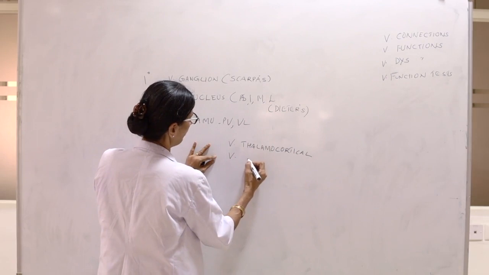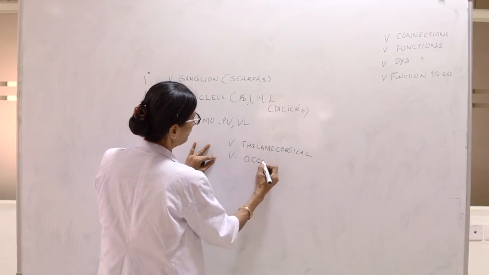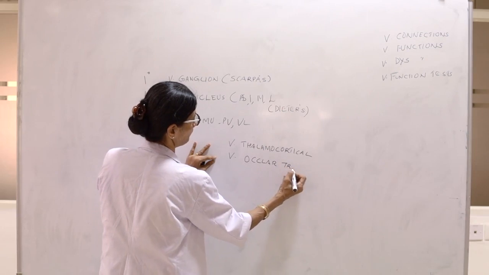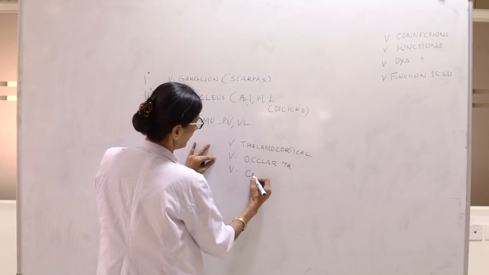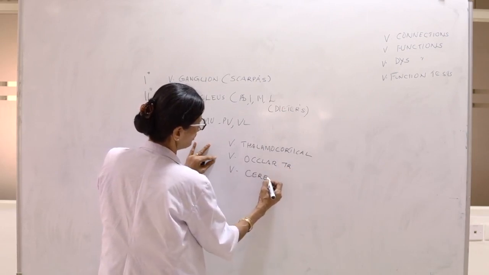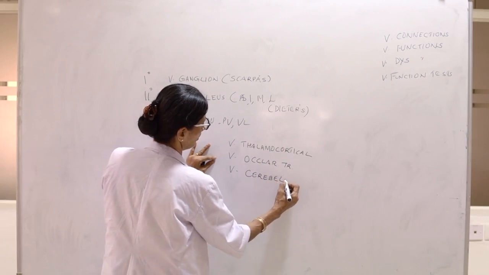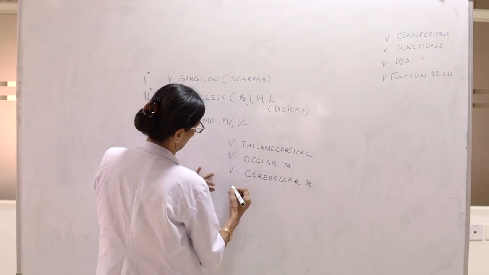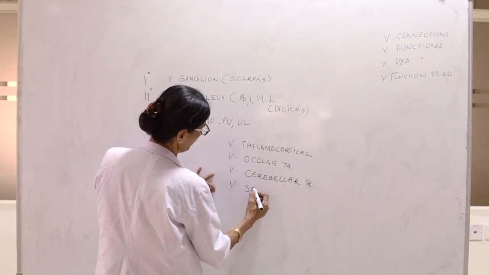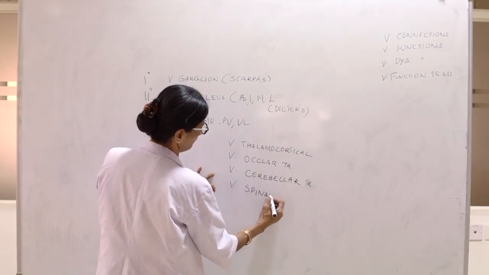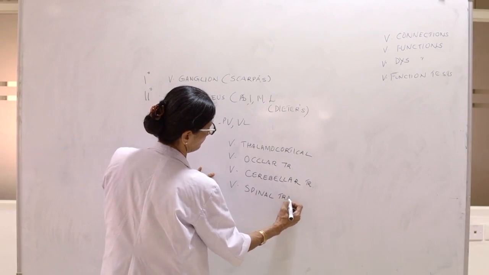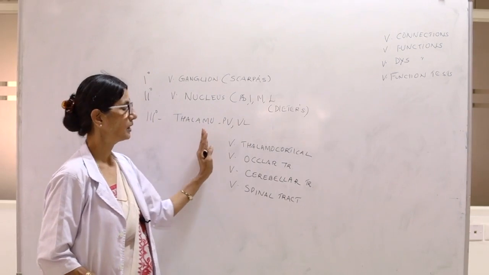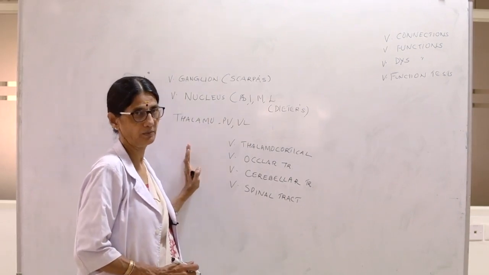Then coming down, we have the vestibulo-ocular tract or fibers. Next is the vestibulocerebellar tract. Then the vestibulospinal tract. So these are the main connections of the vestibular nucleus.